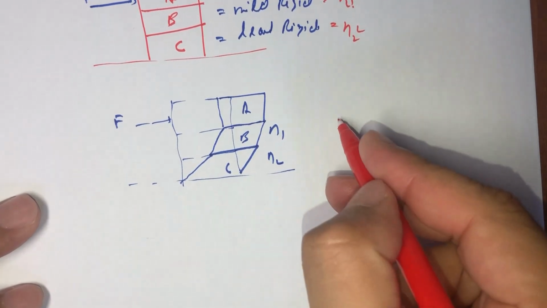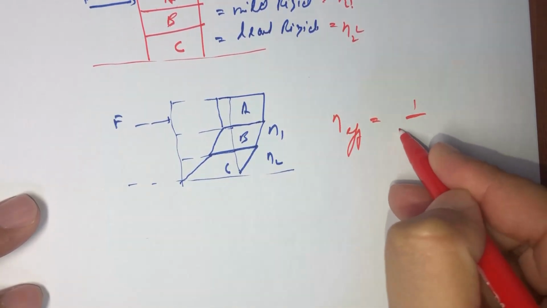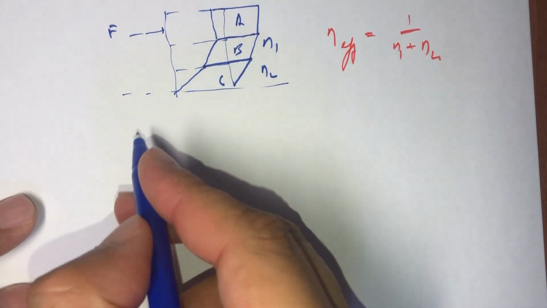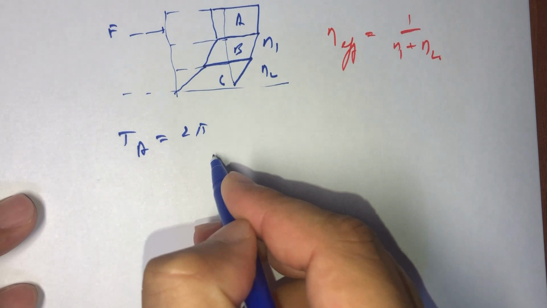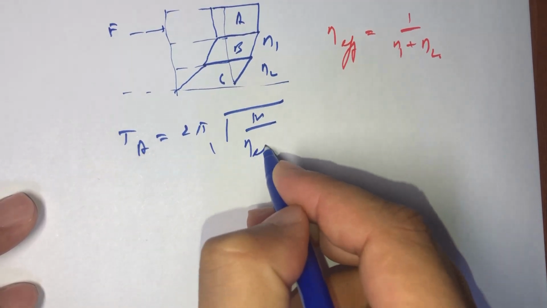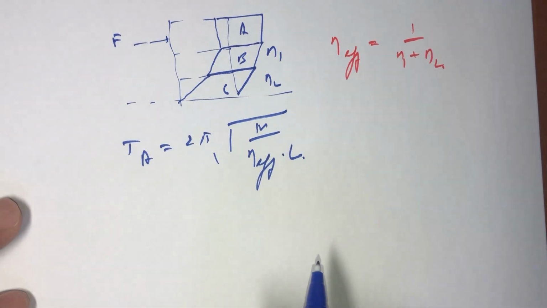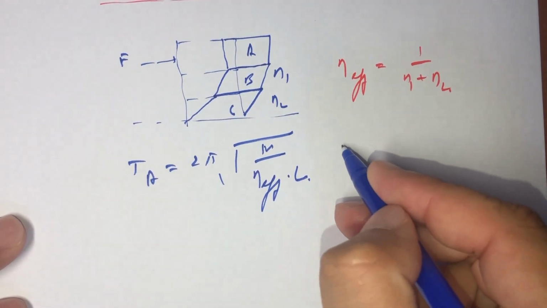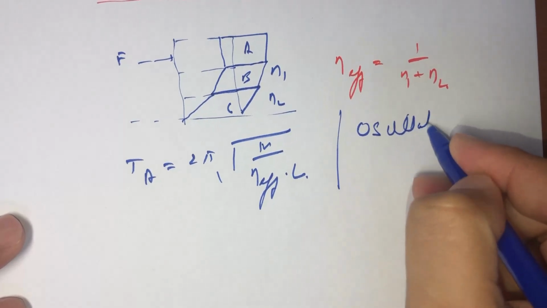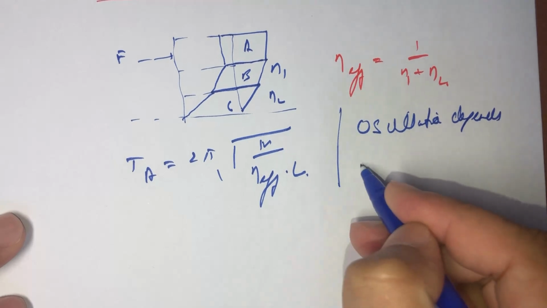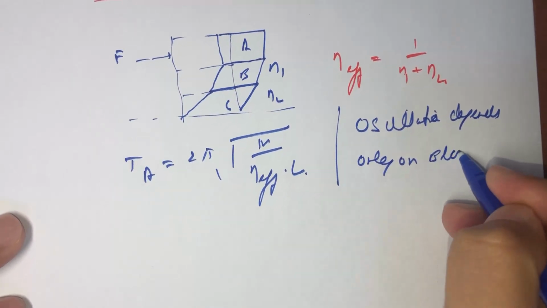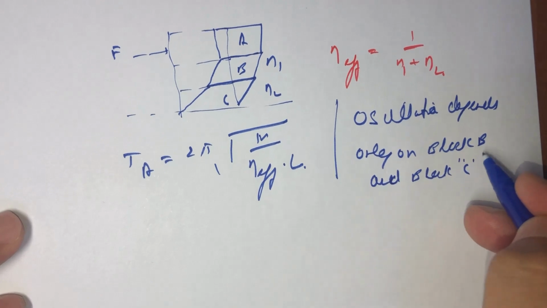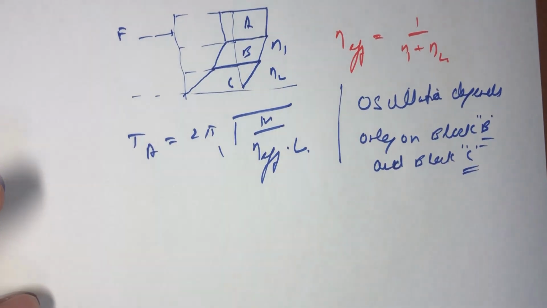Therefore we can say that η effective will be equal to 1 upon η1 plus 1 upon η2, and we can find that the period of oscillation T_A will be equal to 2π square root of m upon η effective multiplied by L, because the oscillation is only because of B and C, not because of A. From here we can say that oscillation depends only on block B and block C, because they have the tendency to be flexible.